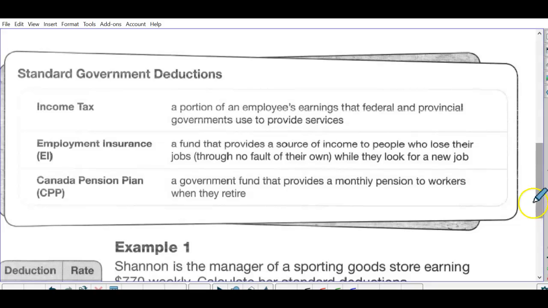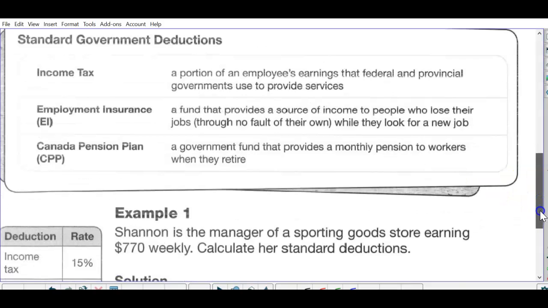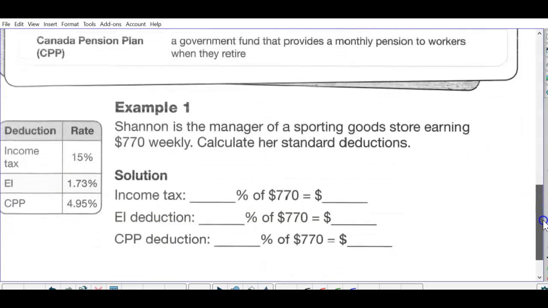But at 65, you start getting a little bit of pension for that. Okay, it's not really enough to live on, so you want to save money throughout your working life as well. Okay, but it is something that will help pay the bills.